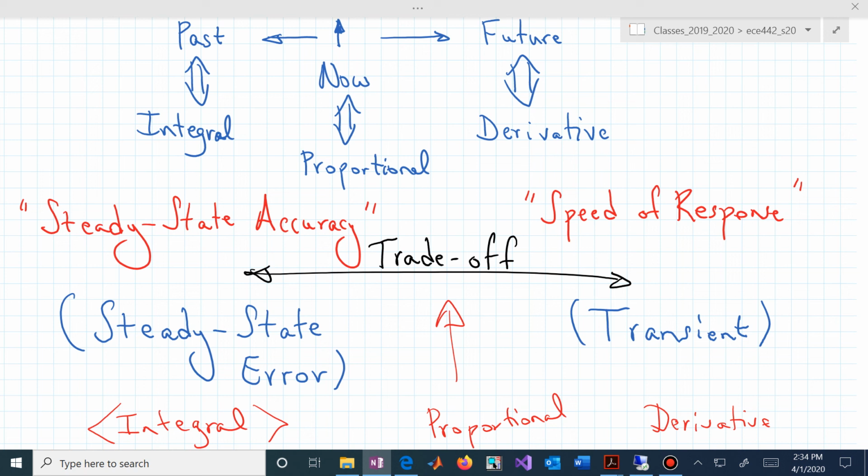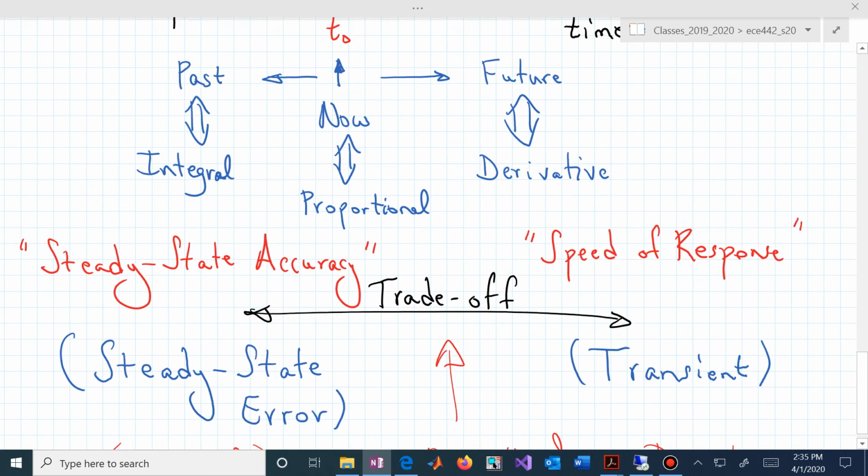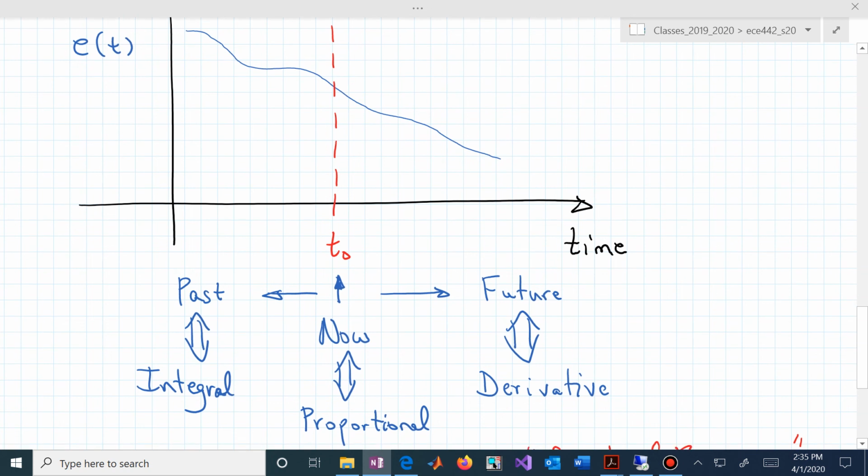If that's some large vehicle, maybe that's acceptable. Maybe it is not, but that's what you're going to have to do with many control scenarios, is make this decision. How do I trade off steady state accuracy with speed of response? What's going to help you with that decision is the design of this PID controller.